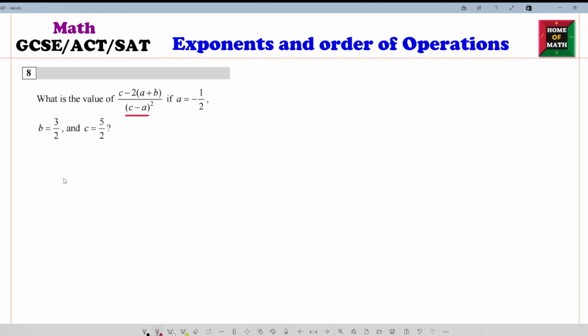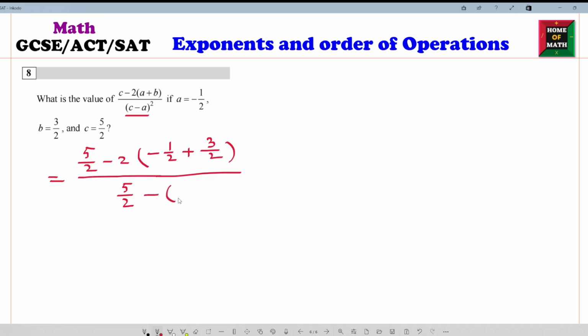So first, c means 5 divide 2 minus 2, a means minus 1 divide 2, then plus b means 3 divide 2, in the denominator c means 5 divide 2 minus a, and a is also minus 1 by 2, so we can write minus 1 divide 2 and whole square.